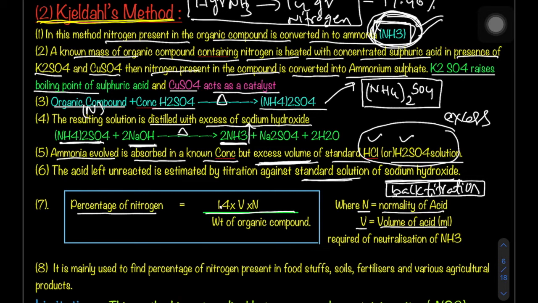What is V? Remember, this is the volume of acid in milliliters that will be required for the neutralization of ammonia only, because we are taking an excess volume of acid. Are you getting my point? Out of that, the exact volume utilized for the neutralization of ammonia is the volume here.